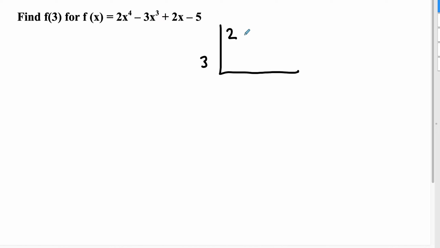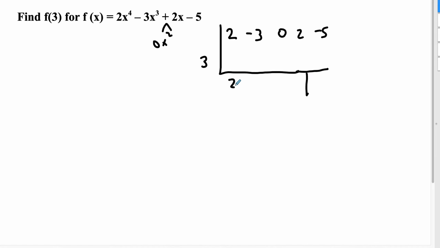So 2, that's negative 3. There is no squared term, so I need to make sure to fill that in. That's a 0, right? So I got a 0x squared in there I got to be careful about. And then a 2 and a negative 5. Now, my argument is that the remainder, this last number here, is going to be what the function is.